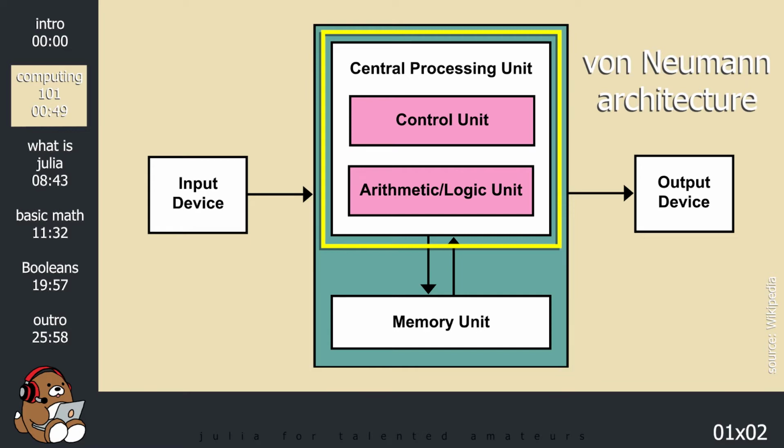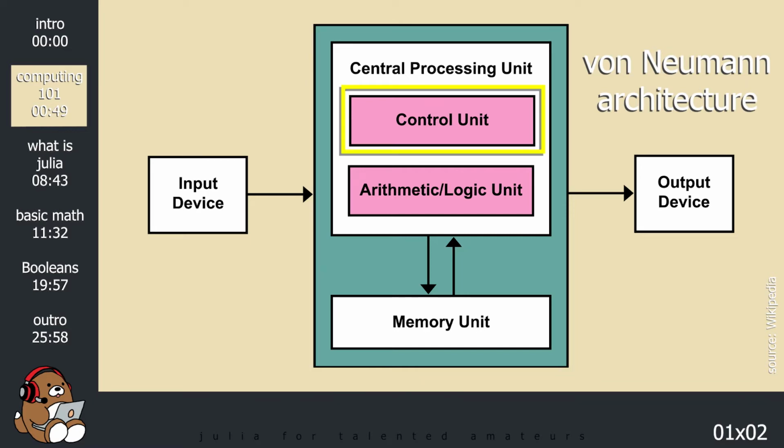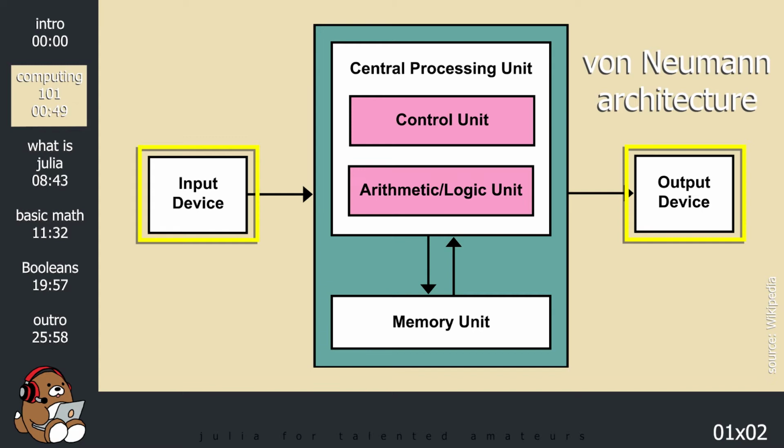The CPU houses a control unit, which contains an instruction register and a program counter, plus an arithmetic/logic unit, or ALU, which does primitive operations. And finally, for human interaction, allowances are made for inputs and outputs.